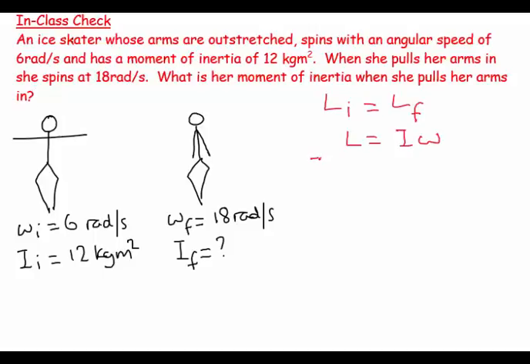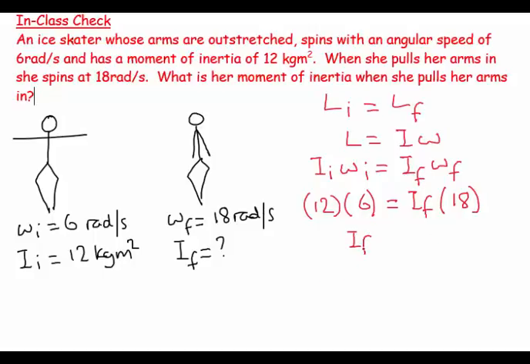So I can say her initial moment of inertia times her initial angular velocity is equal to her final moment of inertia times her final angular velocity. And if I look at my information, that's going to be 12 times 6 is equal to I_F times 18.